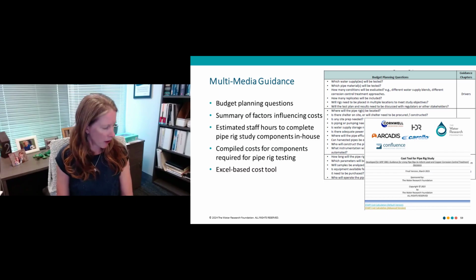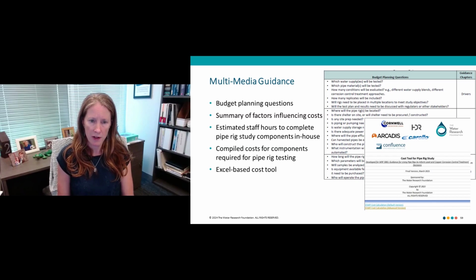In the report, we go through a summary of factors influencing costs, and we give examples based on the case studies of the ranges of costs that can be incurred for different line items.